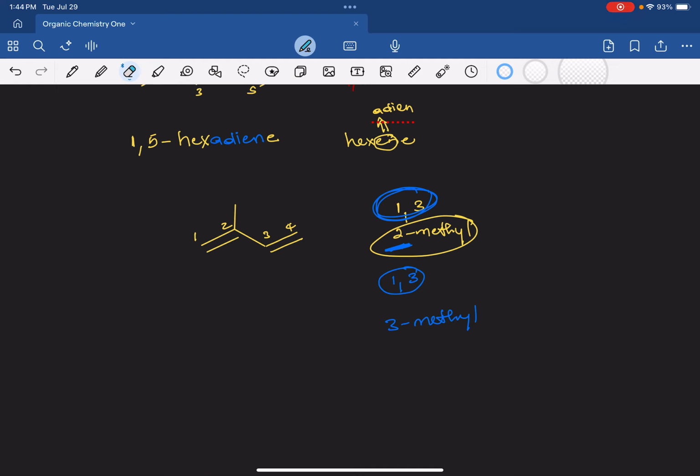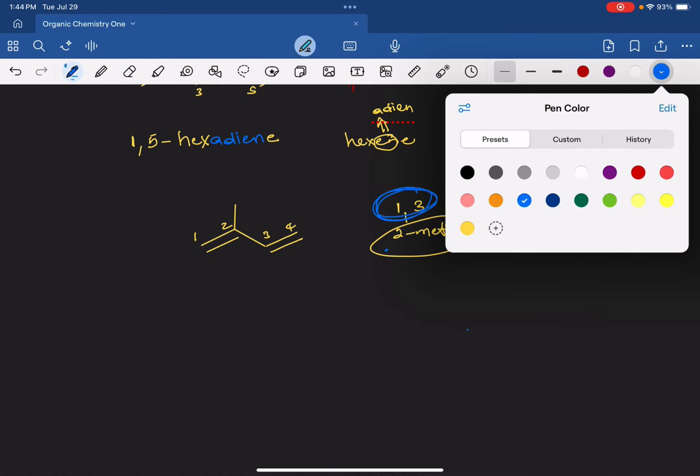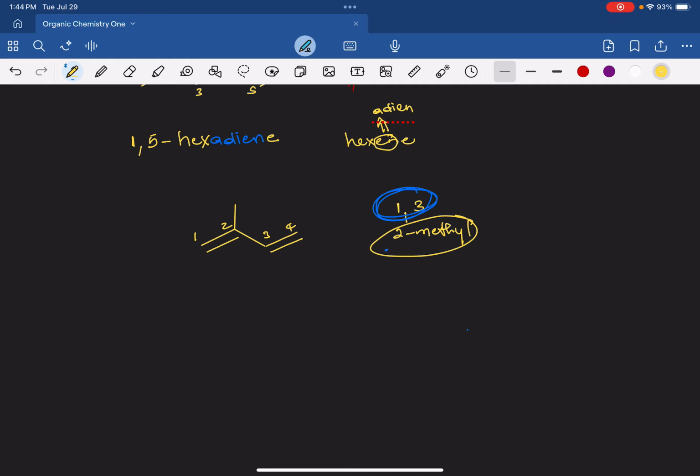So let's name this using our gold numbering. On carbon 2, I have a methyl group. So you write 2-methyl. You name the substituent, just like you would do for a regular alkane or alkene. Then you have to identify where the double bonds are. There's one between 1 and 2.